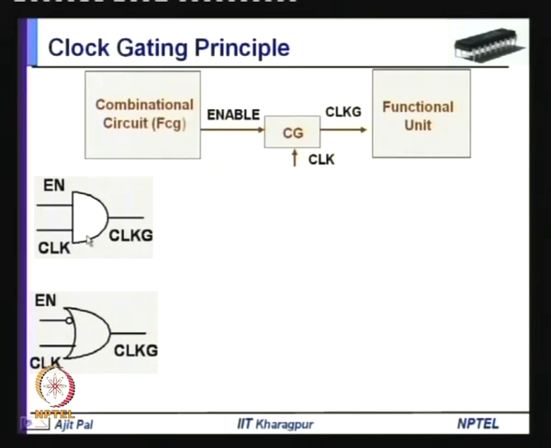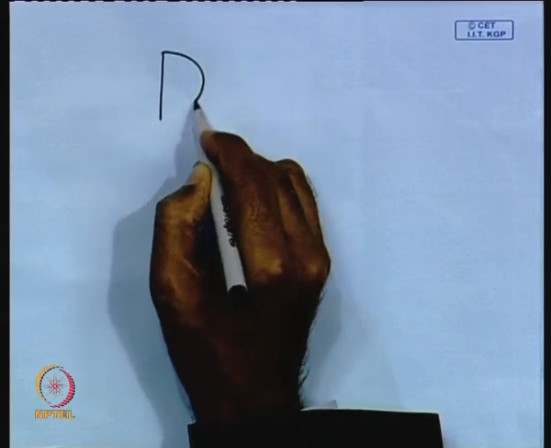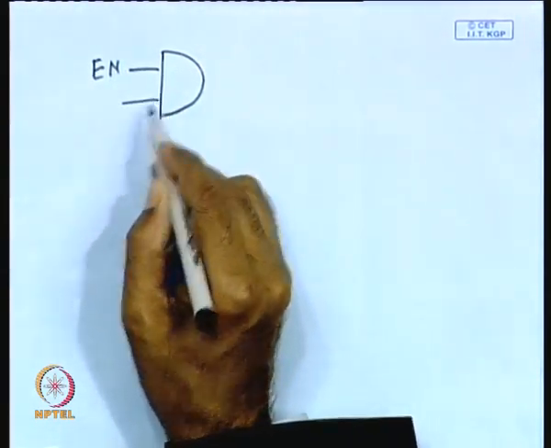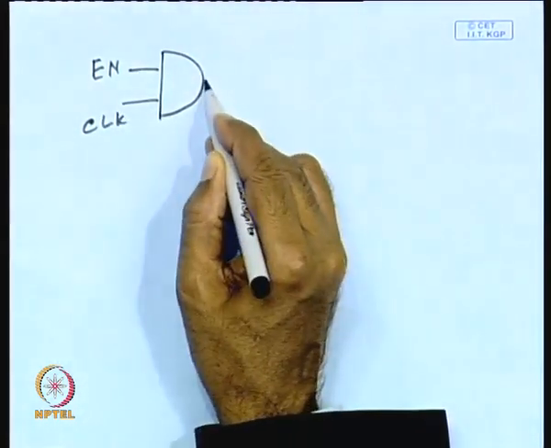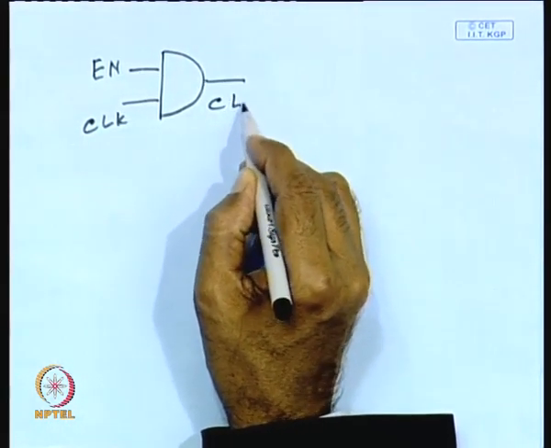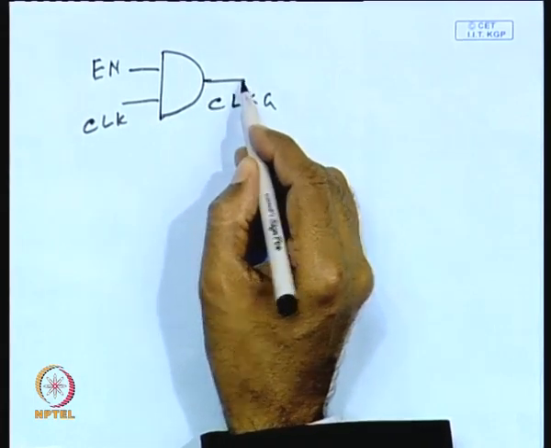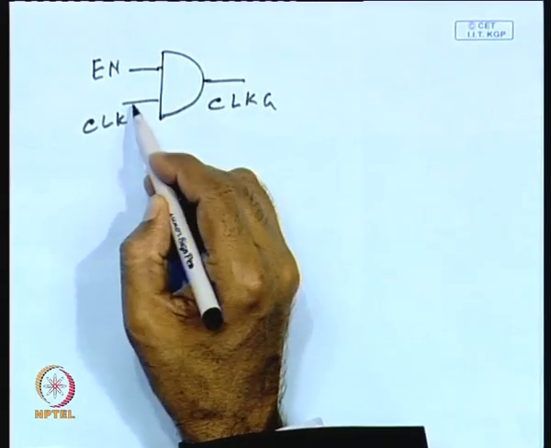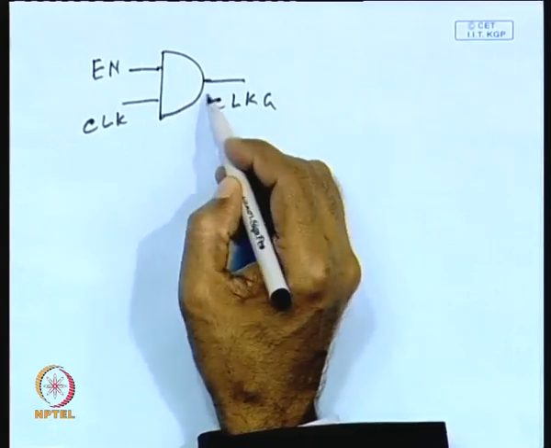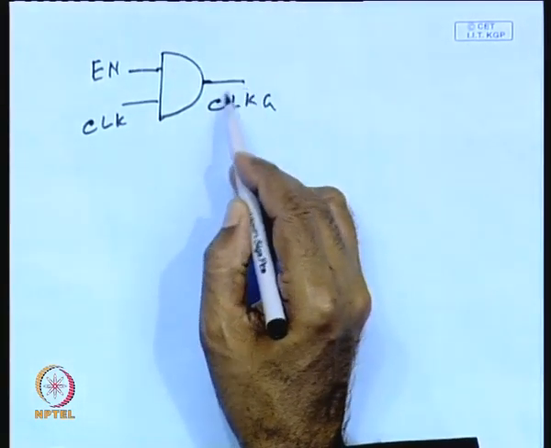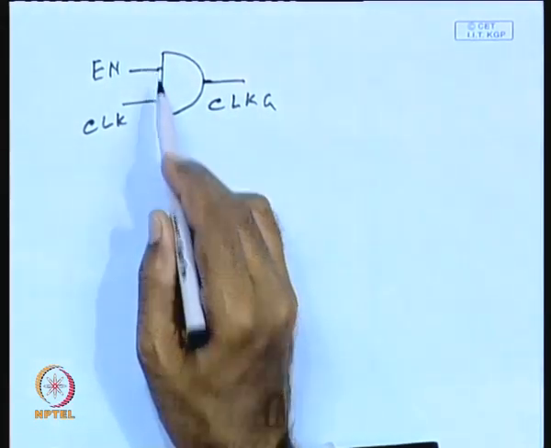You can see here, if you use an AND gate, the operation is very simple. When the enable signal is 1, the clock is allowed to go to the output, CLKG, the gated clock. That means when the enable signal is 0, the output of an AND gate will be 0. So, the clock does not reach the gated clock output when the enable signal is 0.